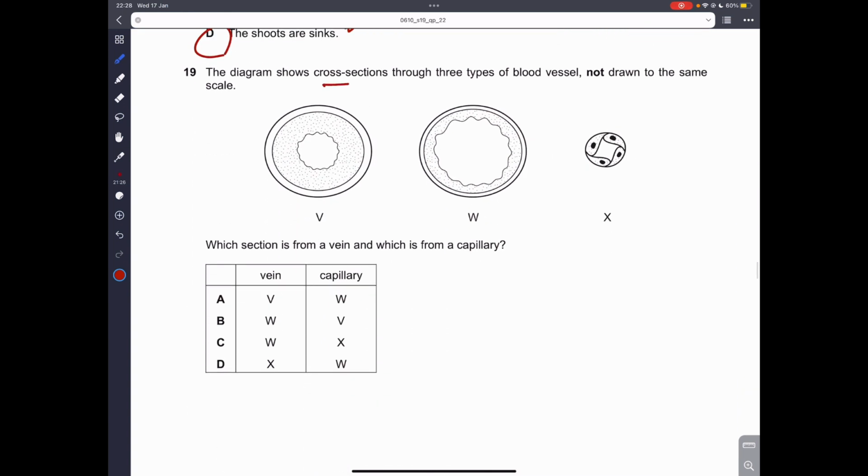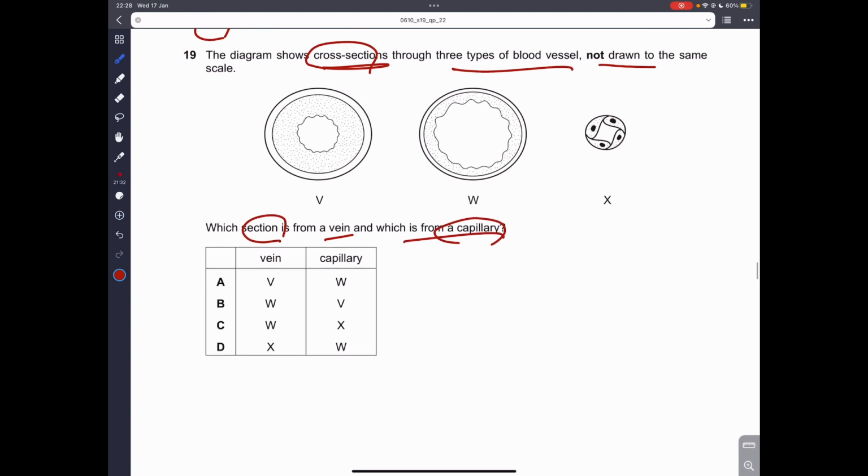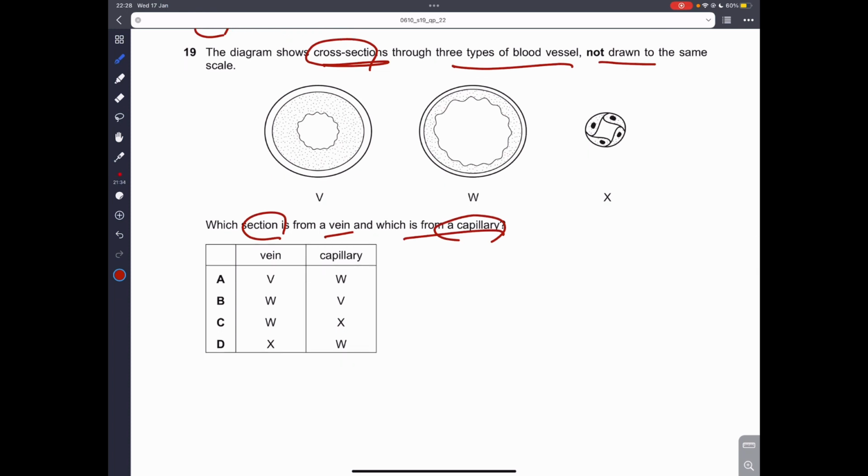Right. Question 19. The diagram shows cross-sections of 3 types of blood vessels. Which section is from a vein and which is from a capillary? Now, very distinct feature. We have to know that V is definitely an artery. We have to know that W is basically a vein, and X is definitely a capillary. Now, how do I know this?